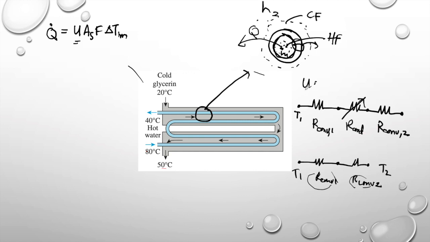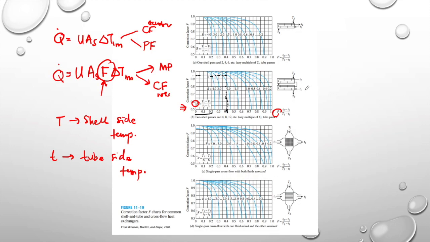Since we only have two types of resistance in this question, let's calculate it. We know that 1 over U is 1 over H_i plus 1 over H_out.